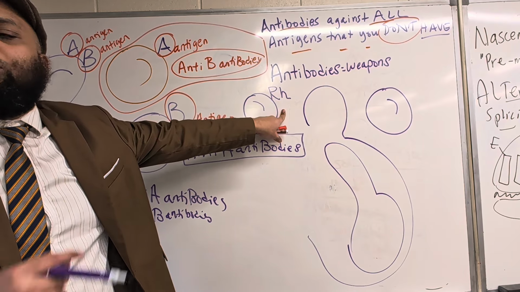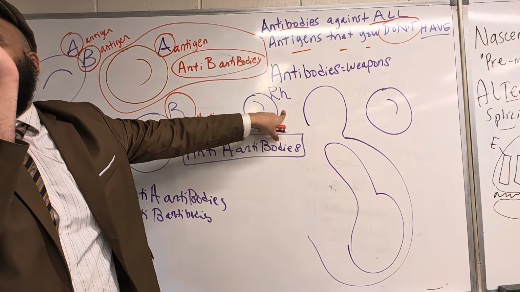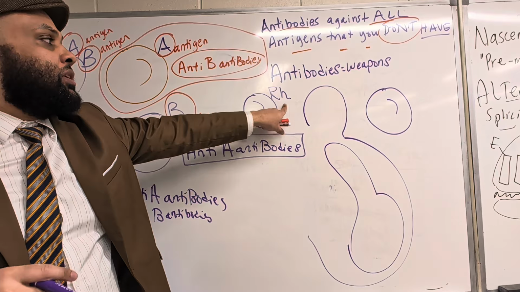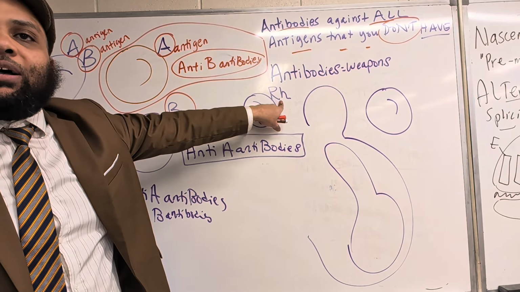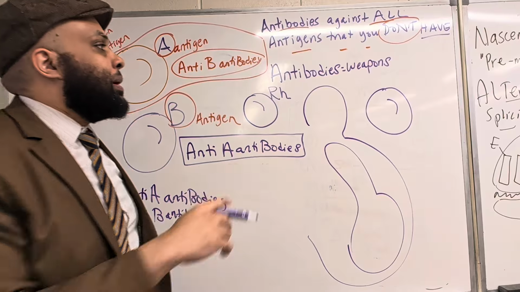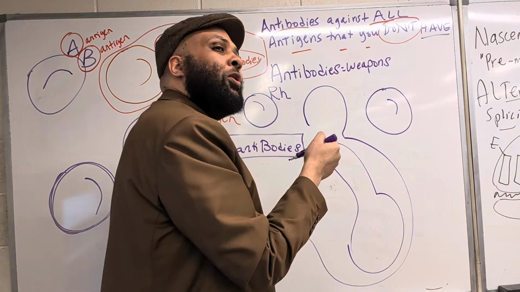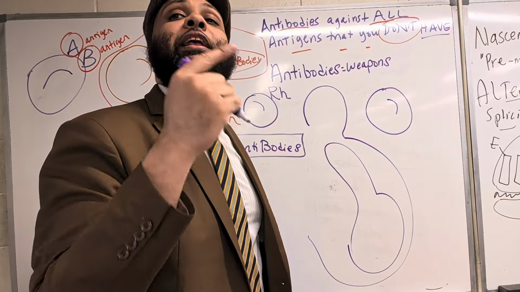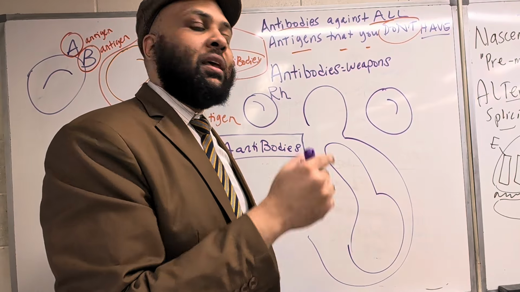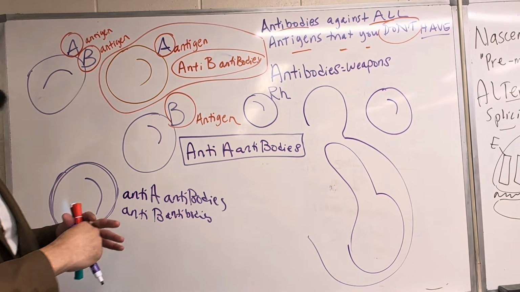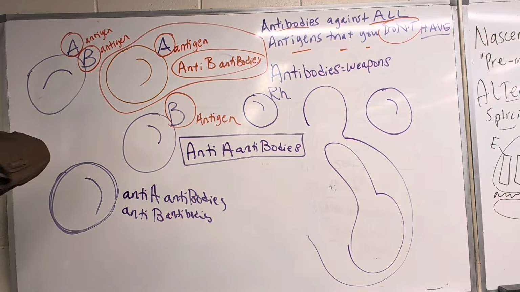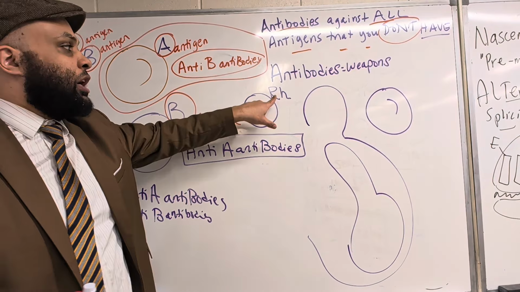A and B? No. A and B is a separate thing. We're done with A and B now. It's new. It will have no antibodies. But a mom that has no RH, it will have what? Antibodies against what? Forget about AB, AB is over. We're talking about RH.